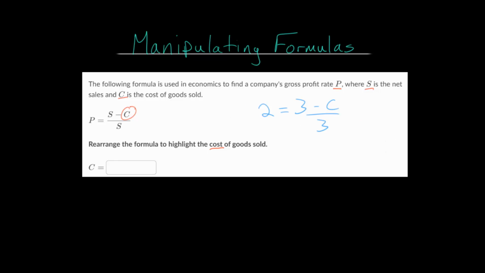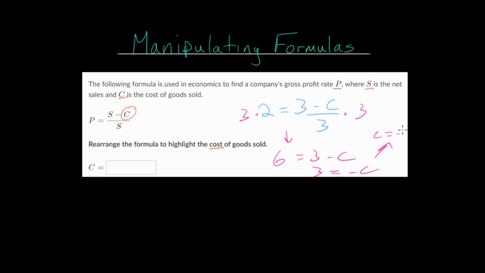To solve this formula with numbers, we would first need to get rid of the fraction. We could multiply both sides of the equation by 3. That would give us 6 is 3 minus C. We could subtract 3 on each side so that we get 3 is negative C. And then multiply everything by negative 1 to cancel out this negative here.